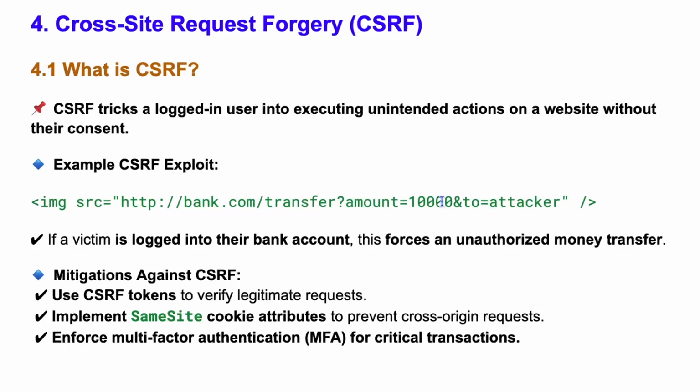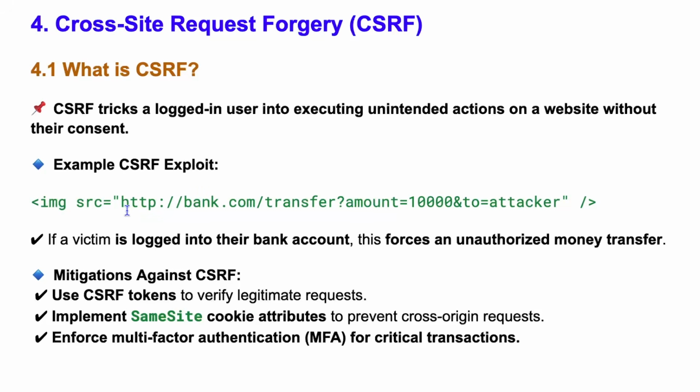Now, if the bank has a bunch of different users, instead of doing 10,000, you could just do 10, and you can rest assured that every single person, for the most part, unless they're overdrawn or they're like broke, then you'll be able to transfer $10 out of their account to your account, and all of a sudden you have transferred 10 million, assuming that they have a million users.